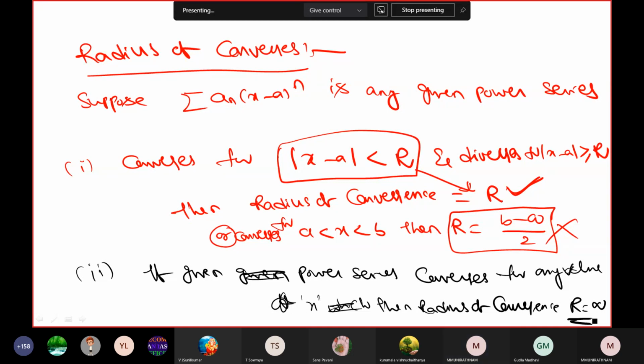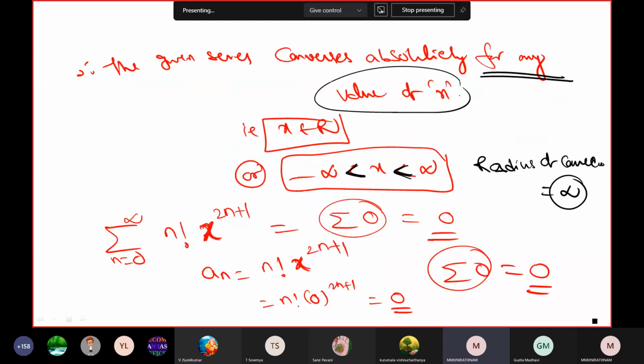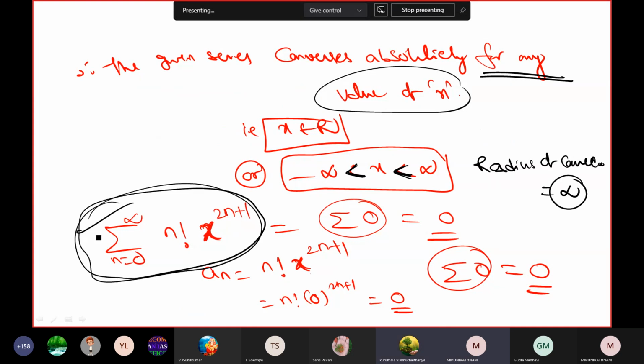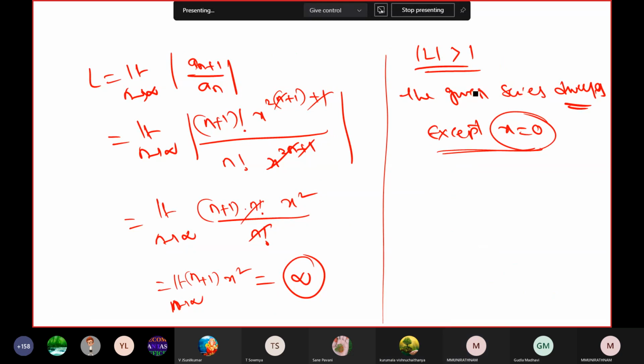Anyone having doubt? Now for this problem, what happens? It diverges for any value of x, right? Except 0.